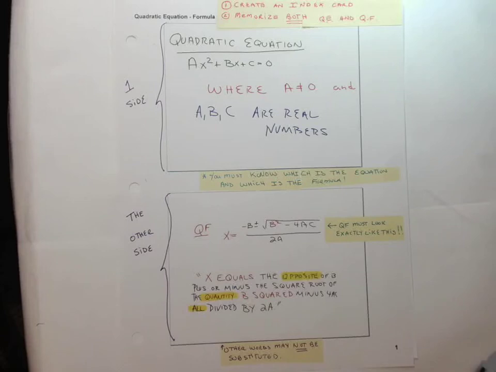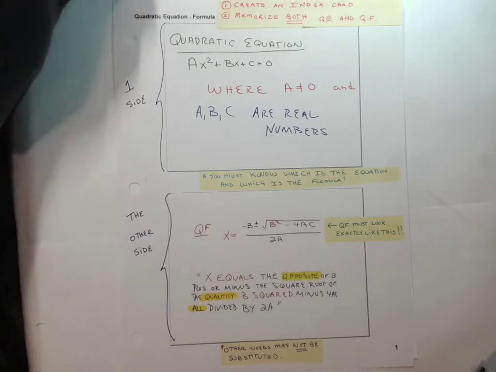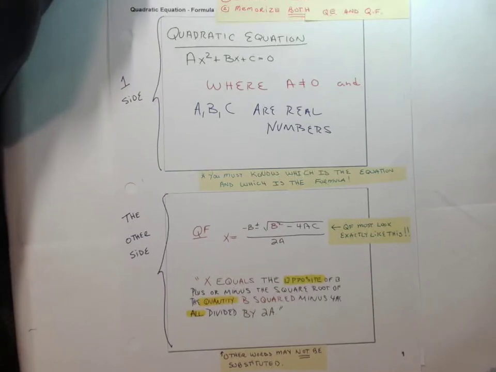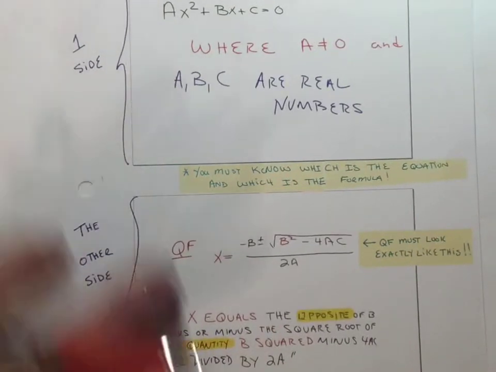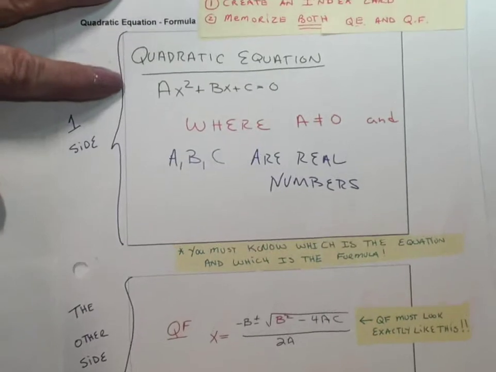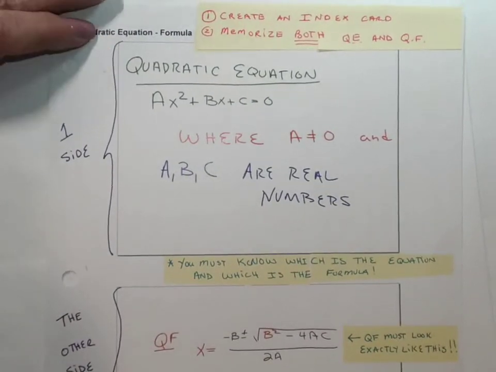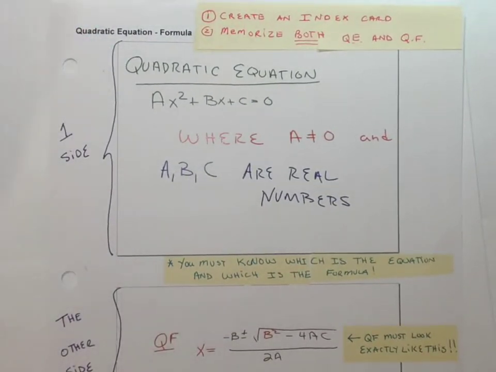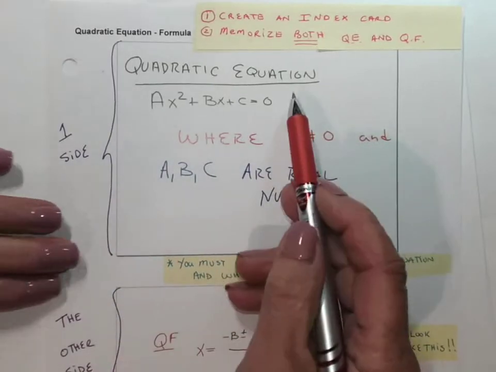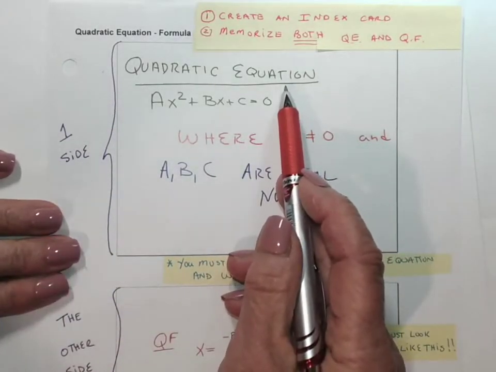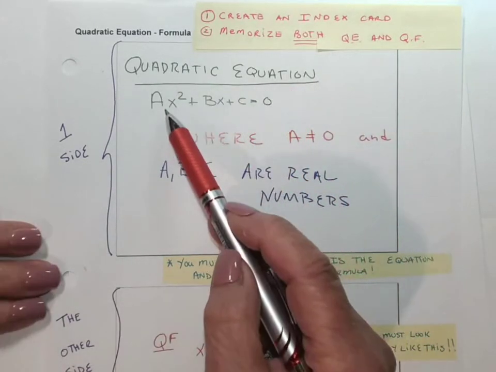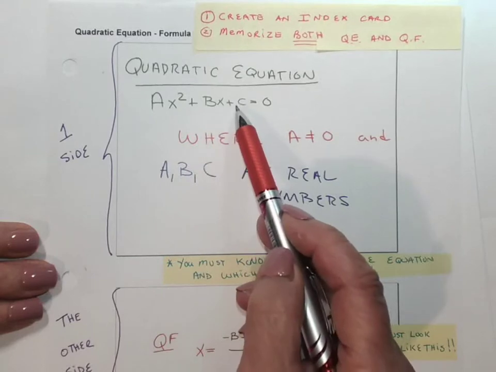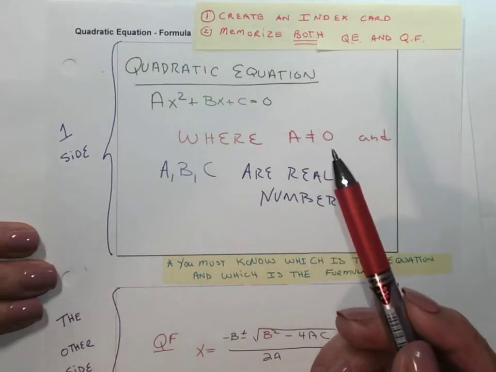So, when you're ready with your paper, then you come back here and I'm going to make this bigger and go through the quadratic equation and the quadratic formula. So the quadratic equation, which I always abbreviate QE, you already know it. It's ax squared plus bx plus c equals 0.